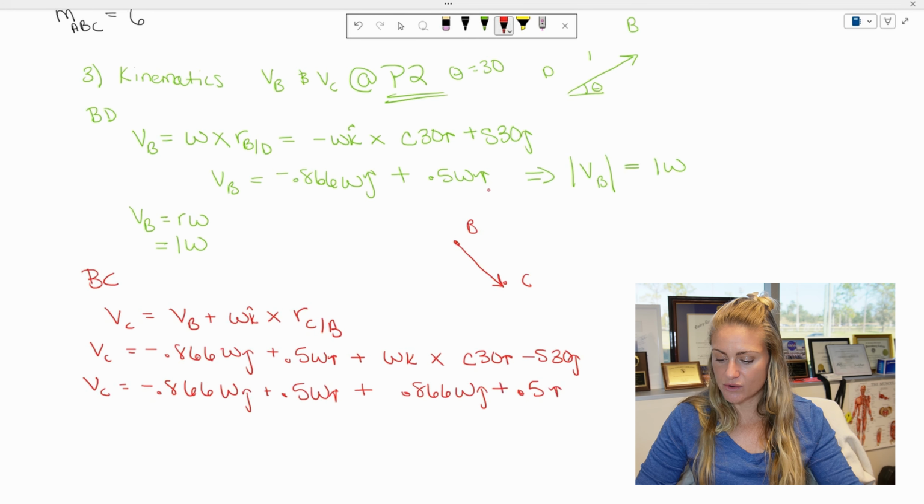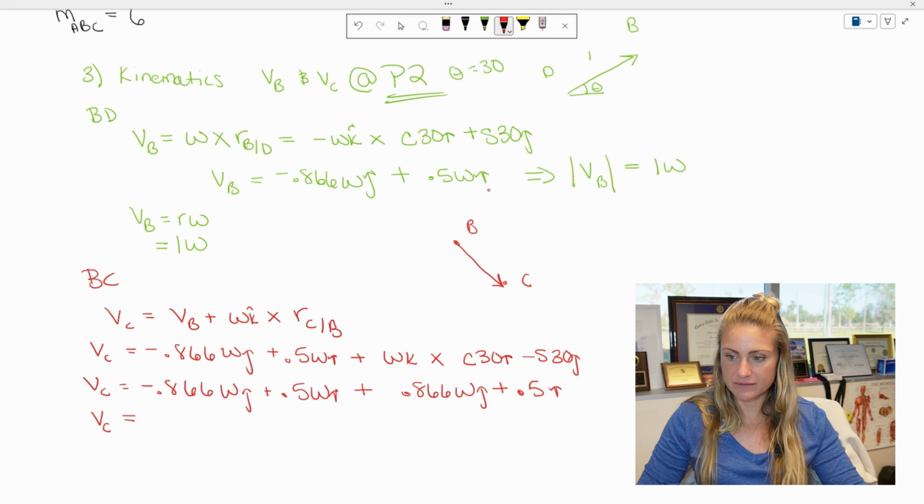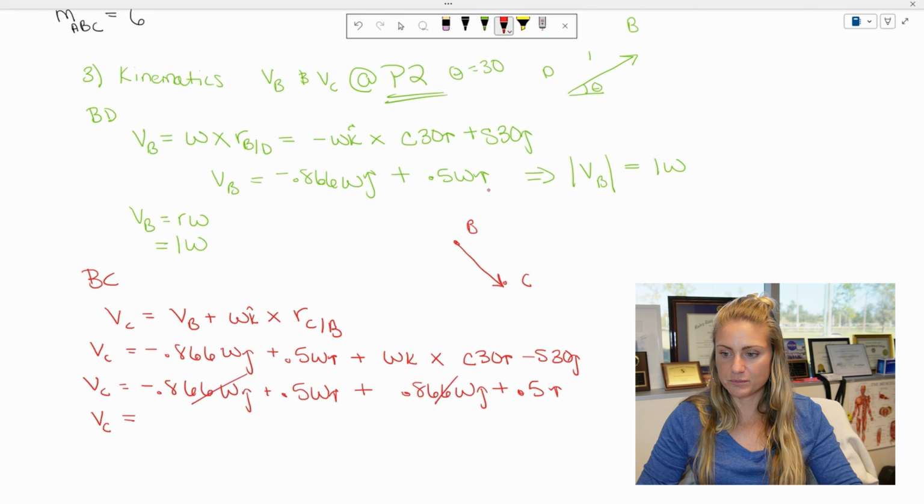Okay, so my VC is going to equal, I have a negative and a positive, so this is going to cancel out. I have a 0.5 and a 0.5 omega, so that's 1 omega I. And that makes sense because velocity is only acting in the I direction.